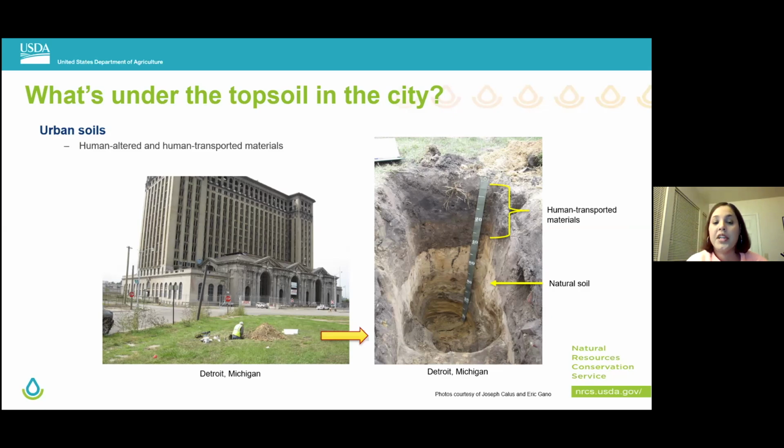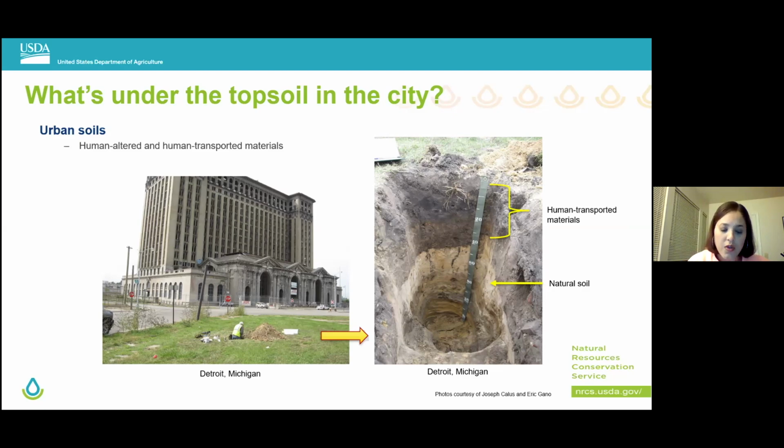That example is from Detroit, Michigan. And the soil profile is actually the spot that the guy is digging in the photo on the left. And you get to see the natural soil at the very bottom of the picture, the lighter color. And you see the transition of different colors from the bottom to the top.